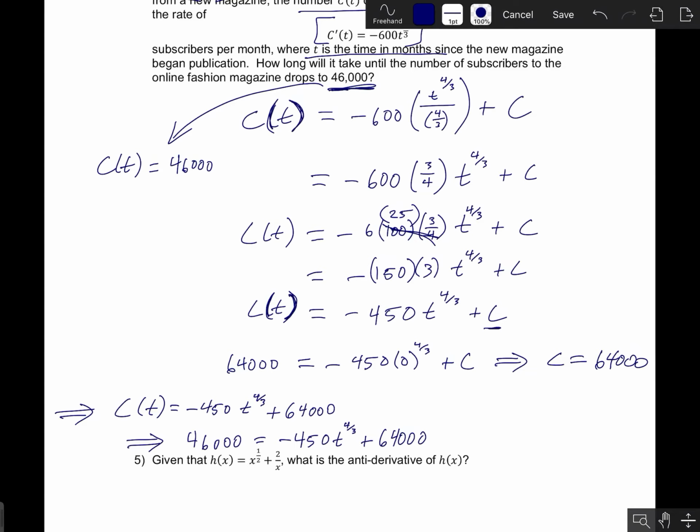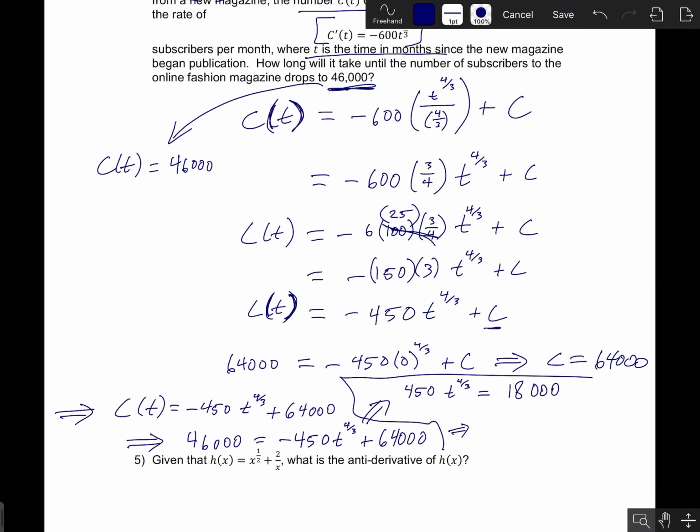Okay, and now we can rearrange this equation. Sorry, I'm sort of running out of space here. We can rearrange this equation to solve for t. So if I rearrange, what I'll get is 450 t to the 4/3 is equal to, and then on the right side, I should have a 64 grand minus a 46 grand, which I think would be 18, no. Yeah, so we'll have 18 grand.